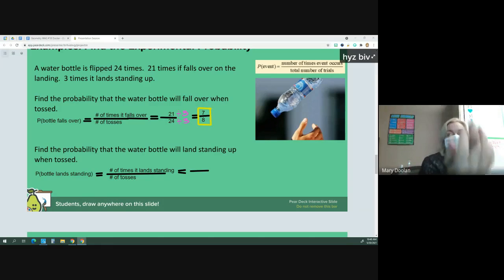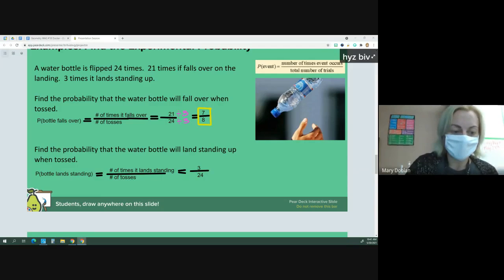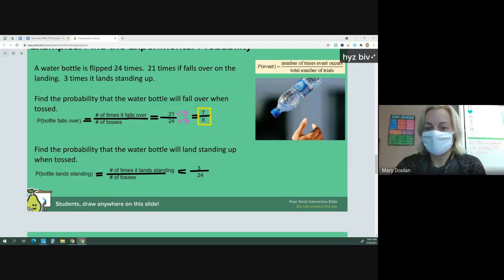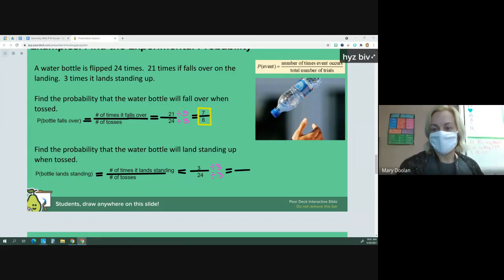It's just based on the experiment. We're looking at that. So that's 3 divided by 24 this time. And again, this is a fraction that we can simplify. GCF of 3 gives us 1/8. Okay.